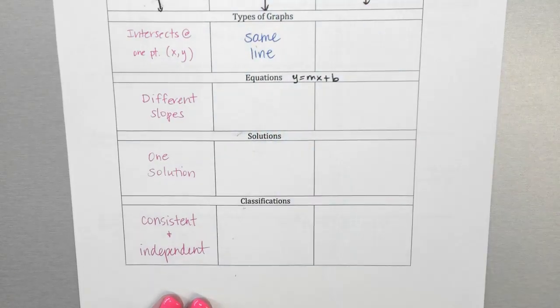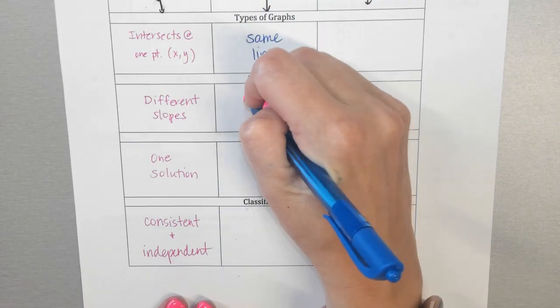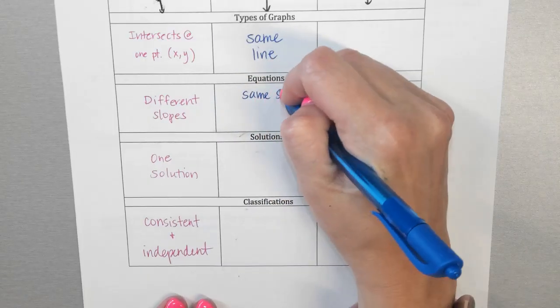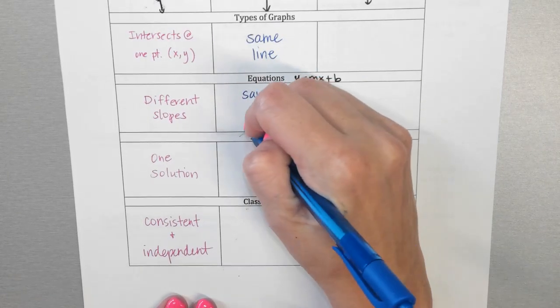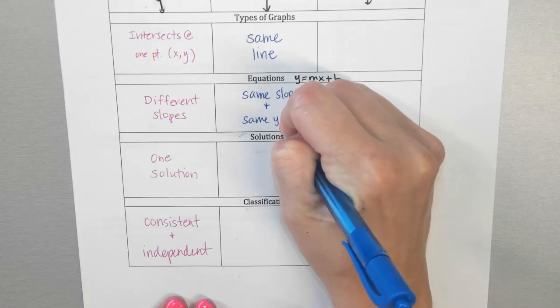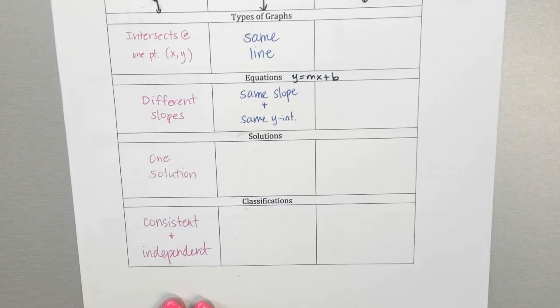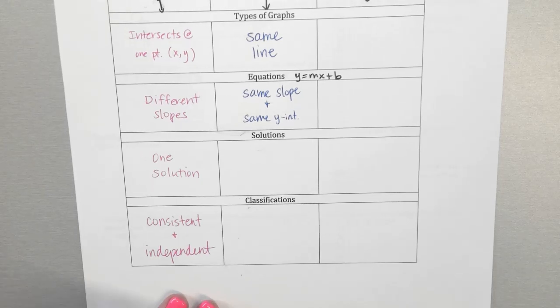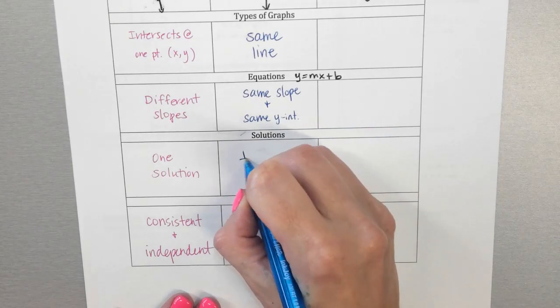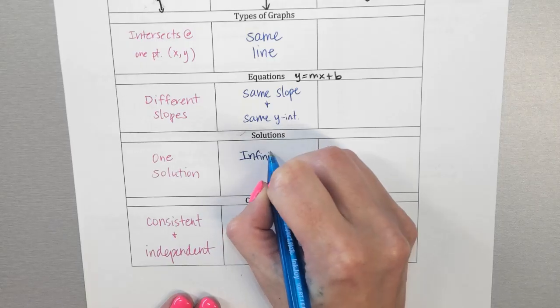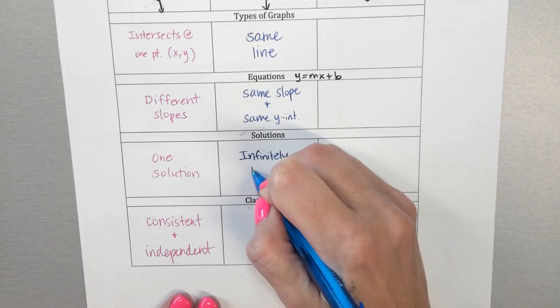When you have the same line, that means you have the same slope and the same y-intercept. Okay, when they overlap each other, because lines have an infinite amount of points, this means there are infinitely many solutions.